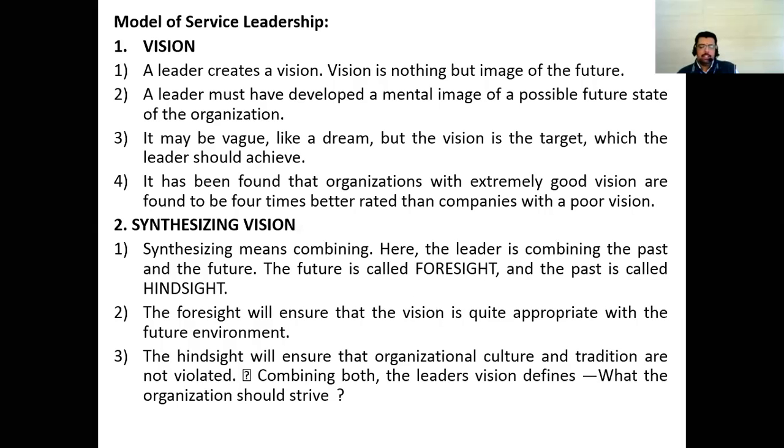But if there is any problem in the service, then by taking that hindsight with respect to foresight, you need to analyze and improve that service. That comes into synthesizing vision. Combining both, the leader's vision defines what the organization should strive for. On the basis of that, you need to work.